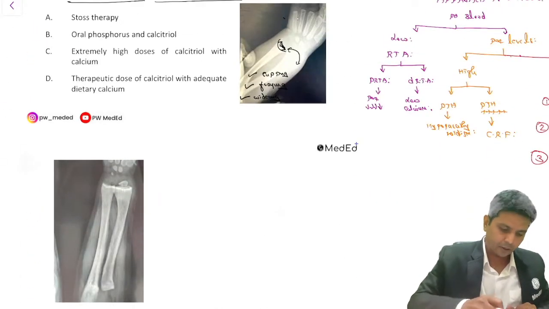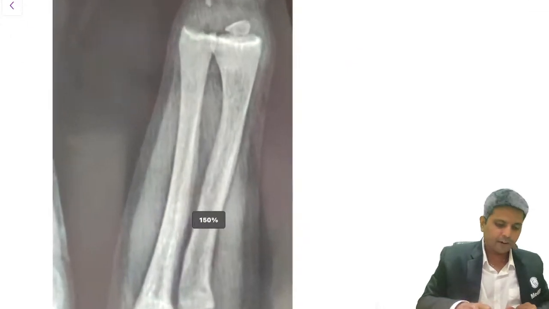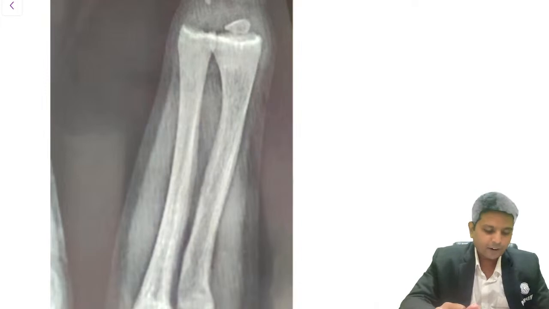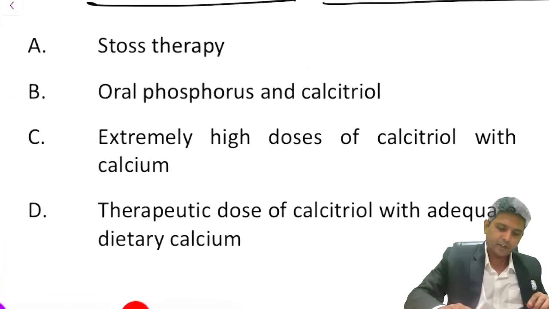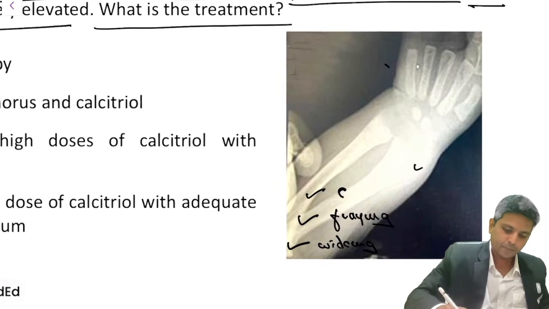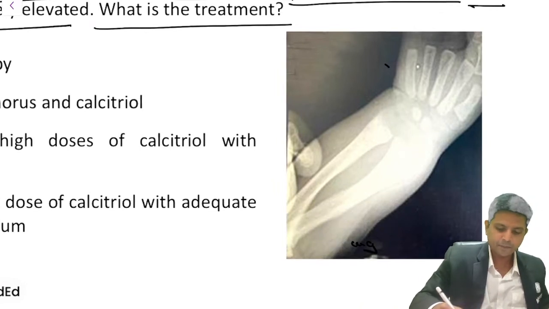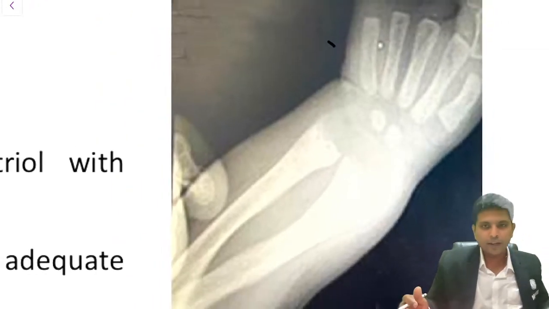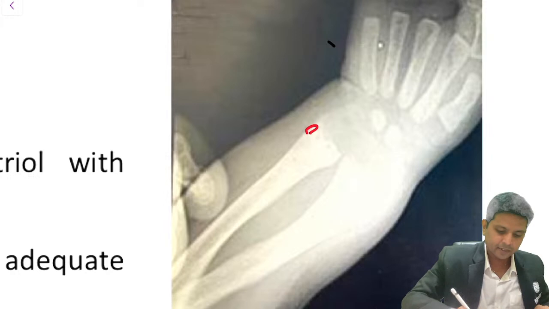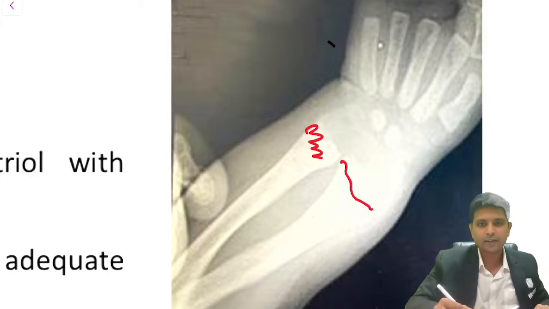What is this? Look at this. Here in the first X-ray, the pre-treatment X-ray, at the growing end there is cupping, fraying, widening.